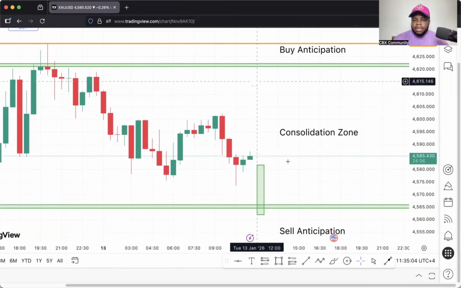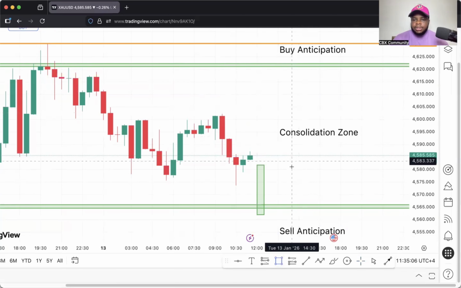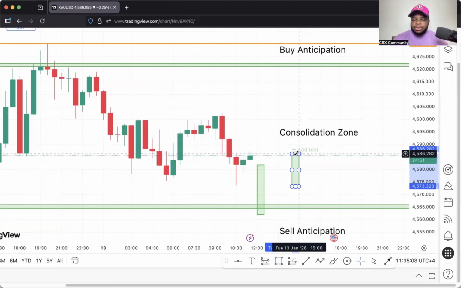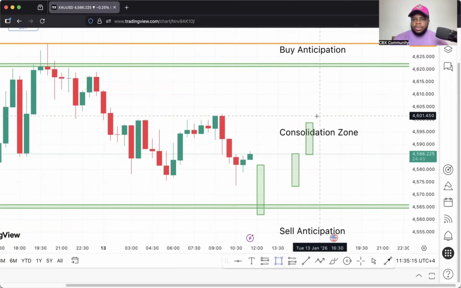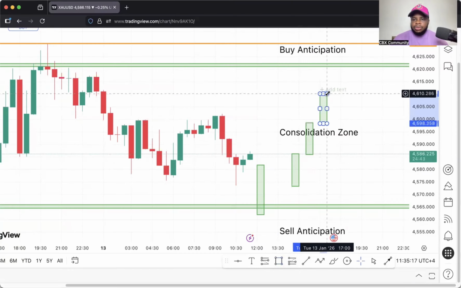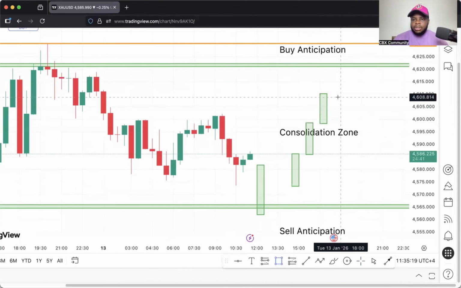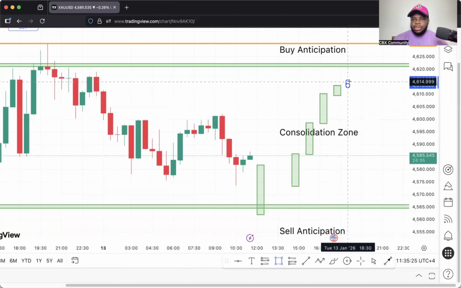Sometimes you can come to the market and meet a strong bullish candle, a strong bullish candle, a strong bullish candle, and then a small bullish candle, a small bullish candle.